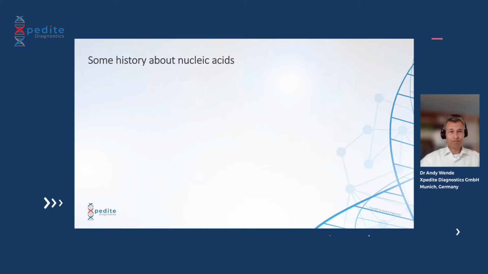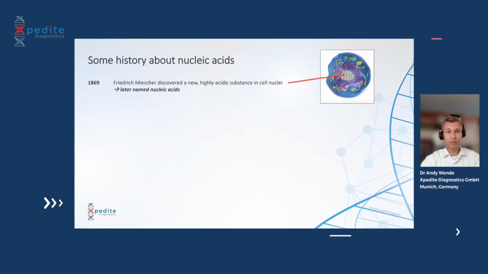So, the history of nucleic acids and their discovery and research did not start in the last few decades, as most of you might know. In fact, it was already 150 years ago, in 1869, that the first scientist discovered what he called a highly acidic substance in cell nuclei.